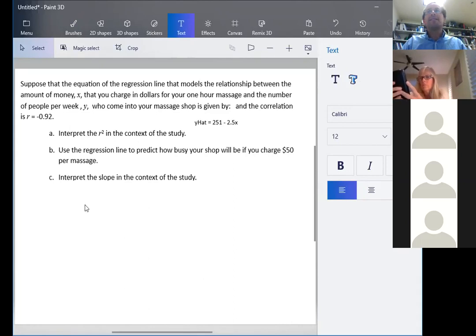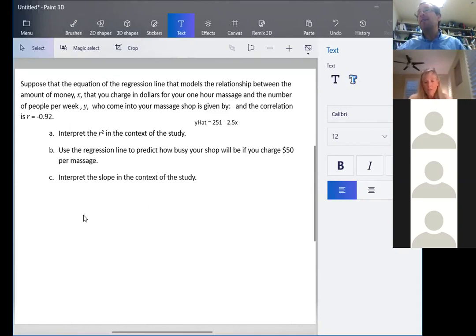Come on, y'all. 0.83 or so. What do you get? 0.85. 0.85, okay. It's hard to do it in my head, so 0.85. Yeah, that's right. I did one little mistake. Okay, so 0.85 is R squared.